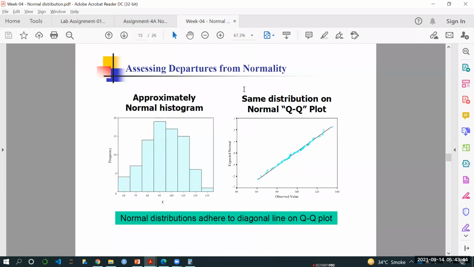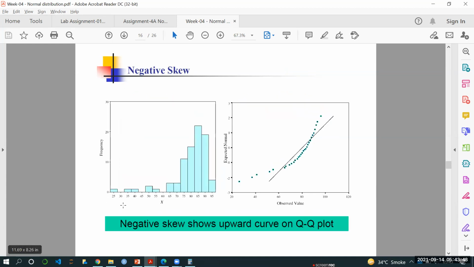I am not going to discuss the QQ plot at the moment, but if you see this curve, this is not a normally distributed curve. A straight line means normal. If all the points are on the straight line, that means it is normally distributed, like you see here. If it is not on the straight line, that means your data is not normally distributed.